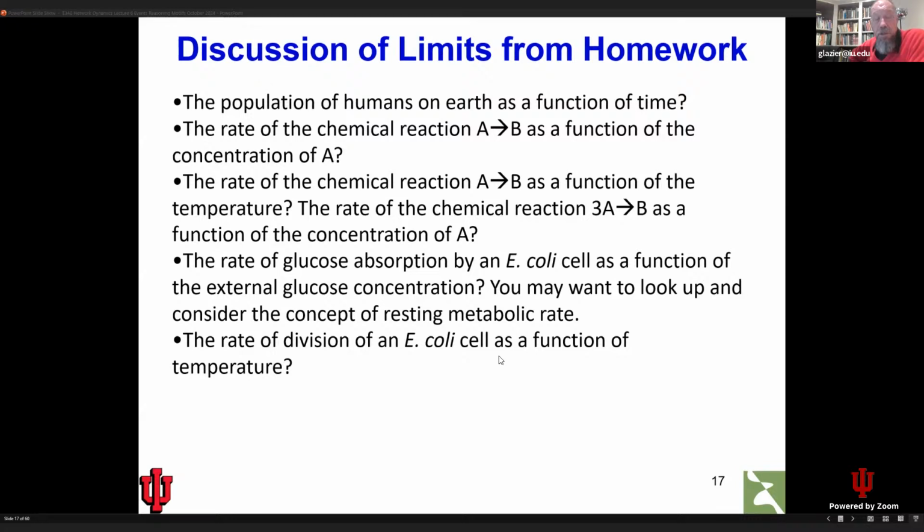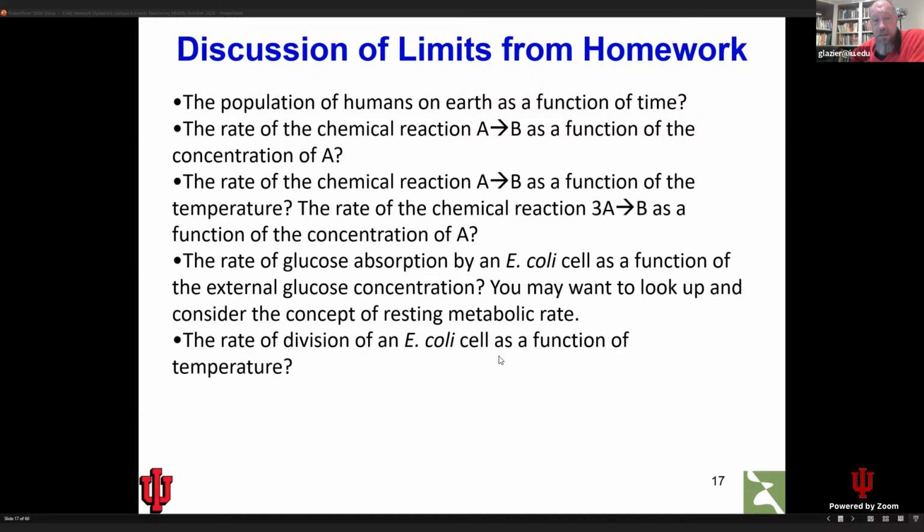Then there's a pretty big range of glucose concentrations at which the rate of glucose uptake is more or less proportional to the amount of glucose outside the cell. As the concentration of glucose gets to be very high, and you pointed this out, we expect there to be a saturation where the transporters are saturated. You can't take up any more glucose. And so the rate of uptake will saturate.